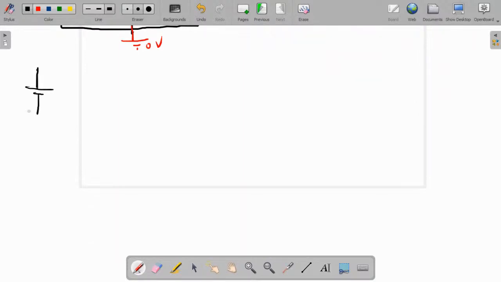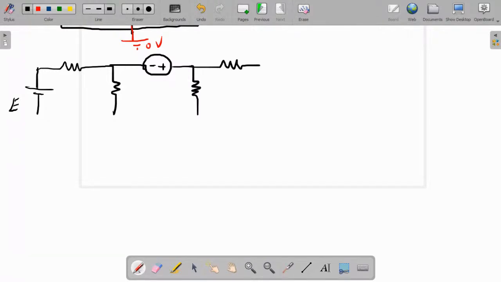So let this be my voltage source, and I have a resistor. If a voltage source comes between two nodes like this, then we have to solve using the super node technique.